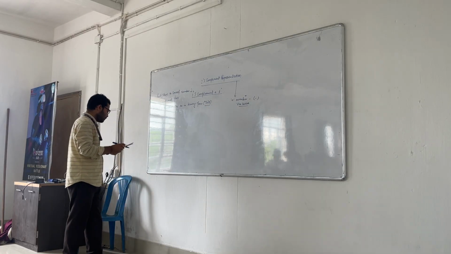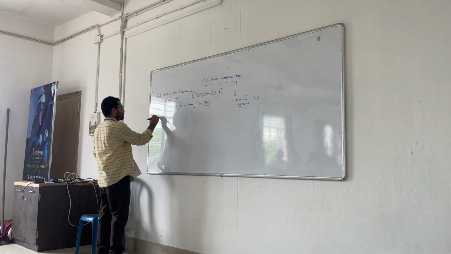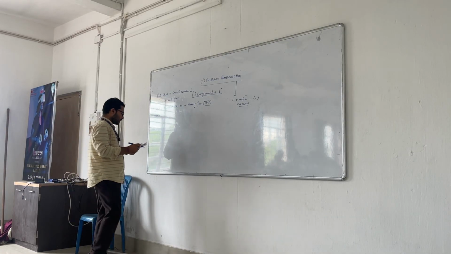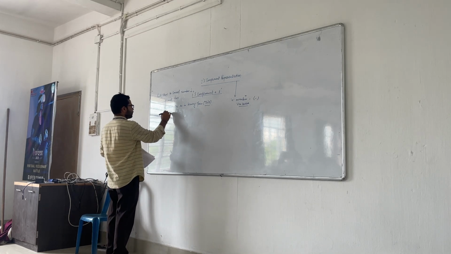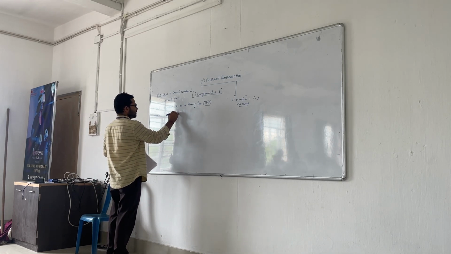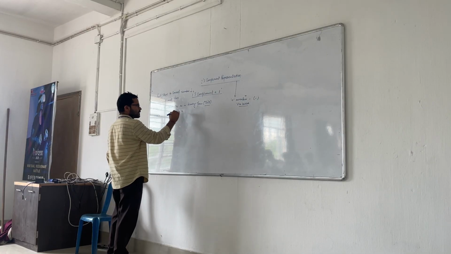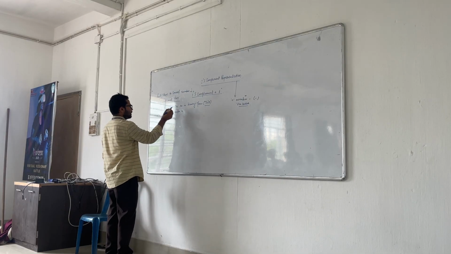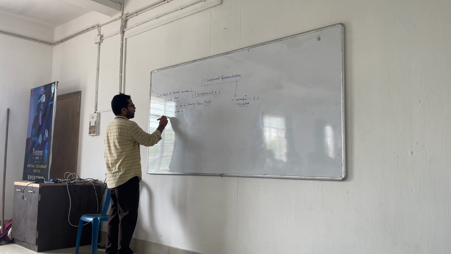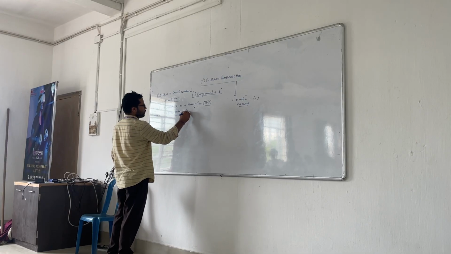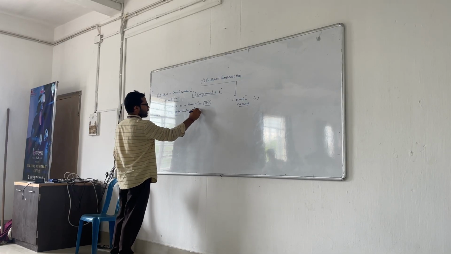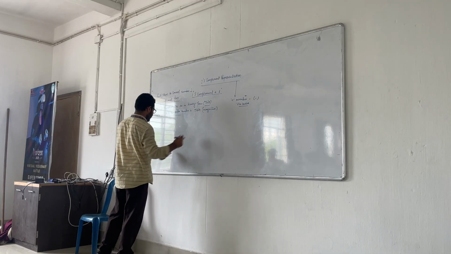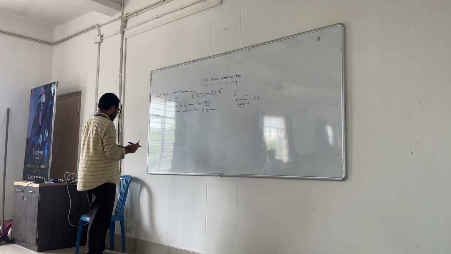Now step 2, write the positive number. In case you have a negative number and you are finding its two's complement, then also you have to write the positive number in 7 bits, that is the magnitude.